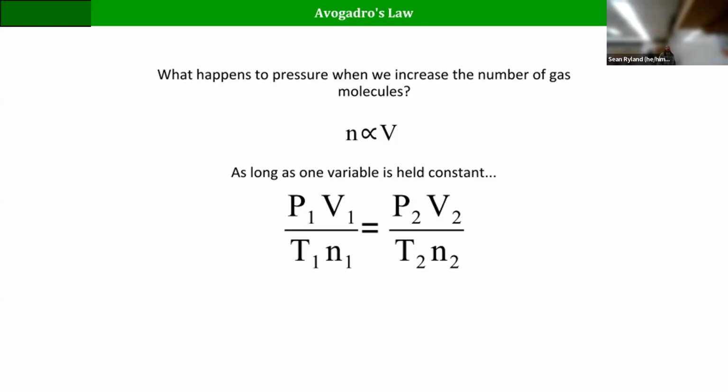The pressure times the volume over the temperature in Kelvin over the moles will always give you the same number that we call R. So the ideal gas constant is equal to 0.08206 liters times atmospheres per mole Kelvin.